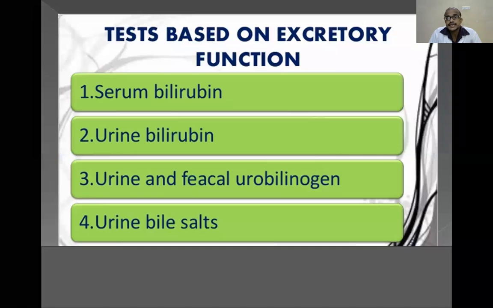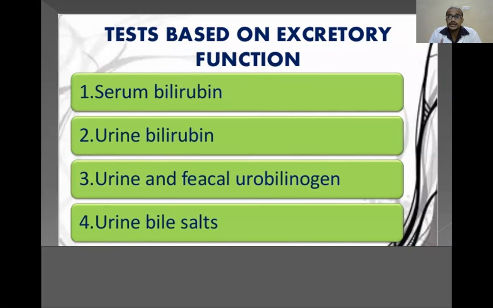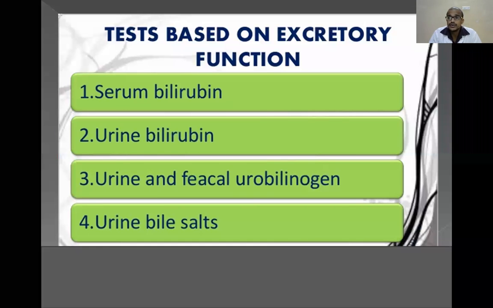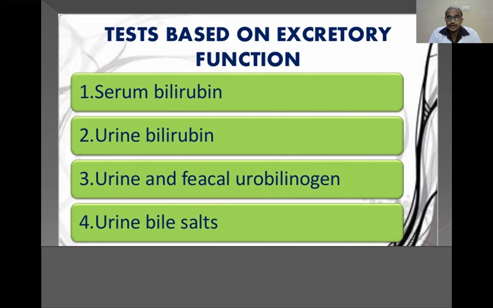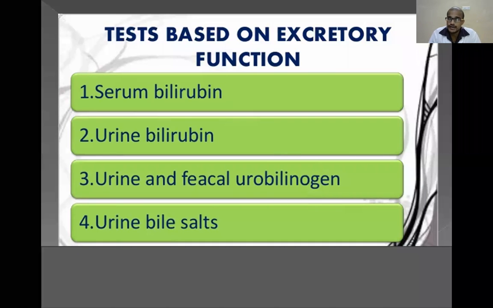And coming to the excretory function of the liver, we know serum bilirubin, urine and fecal urobilinogen, and urine bile salts. If all these are estimated, we can assess the excretory function of the liver. We know different methods for estimating these parameters. We had already seen them in the practical session also, and we know the normal values.